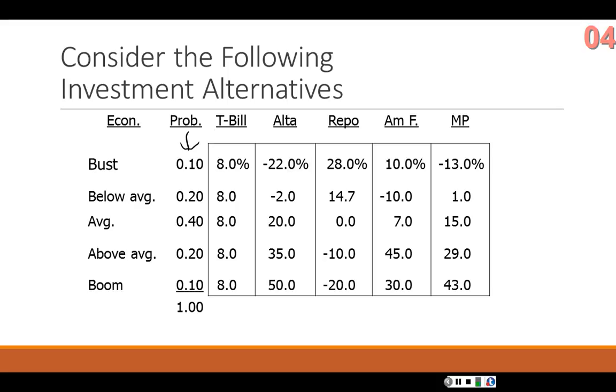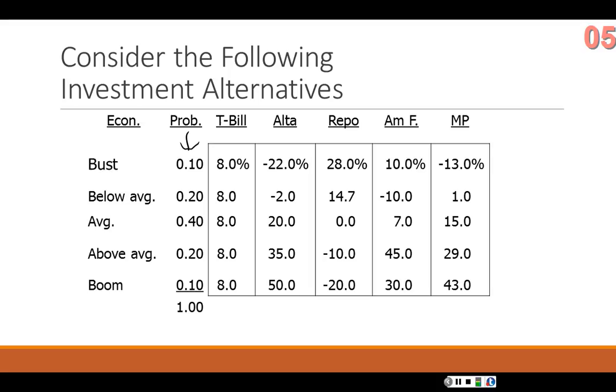So there's a 10% chance that the economy will go bust, 20% chance that the economy will perform below average, a 40% chance that the economy will perform average, a 20% chance that the economy will do above average, and a 10% chance of an economic boom. And the corresponding returns for 5 different assets.